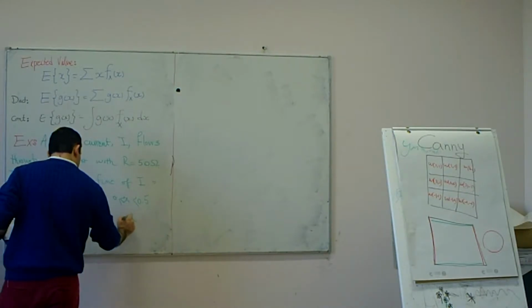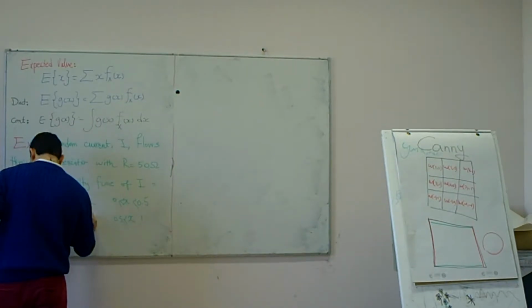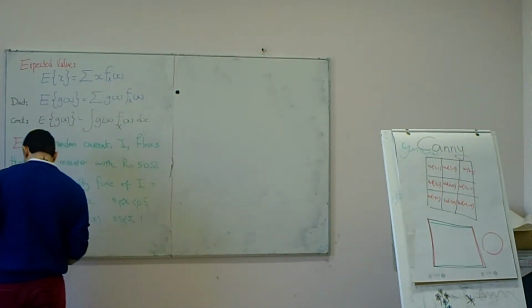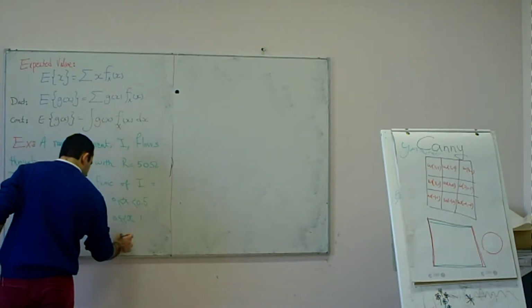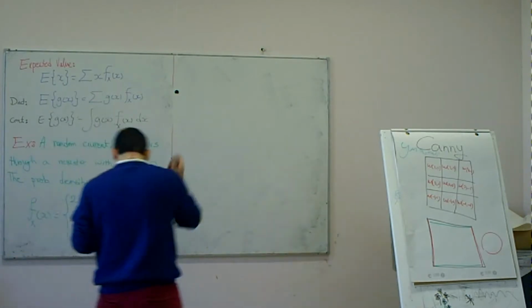If x is between 0.5 and 1, it is 2k(1 minus x). Elsewhere, it is 0.